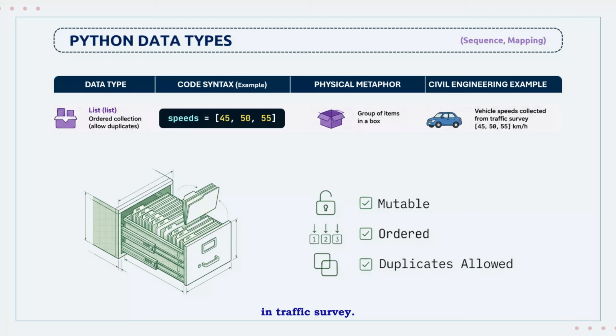In traffic surveys, duplicate observations may occur. The list data type allows these duplicate values to be stored. Also, this data type preserves the order of data, so the observations remain in the same sequence in which they were collected. For example, suppose another vehicle speed observed during the traffic survey is 60 km per hour.